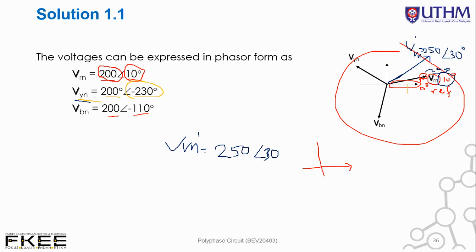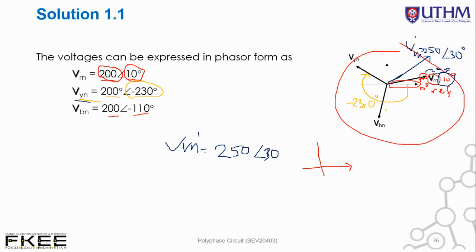So this is minus 90, this is minus 180, so we have minus 50 degrees more to equal 230. That means we have somewhere here the minus 230.